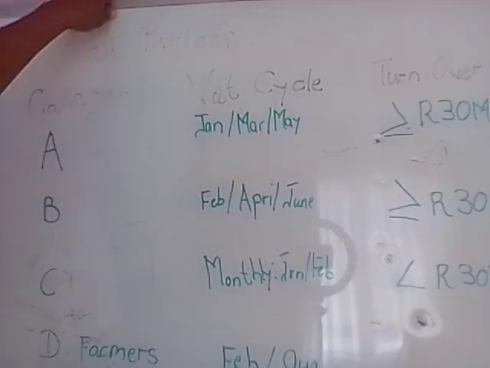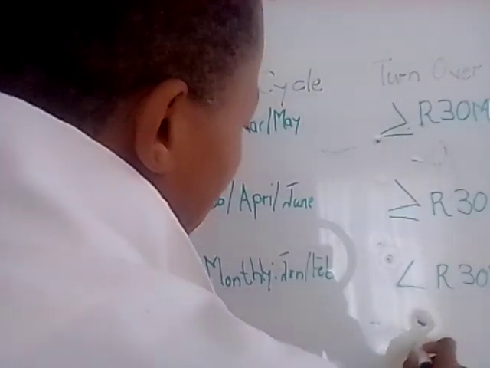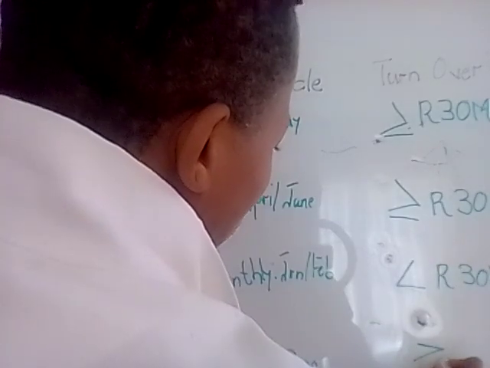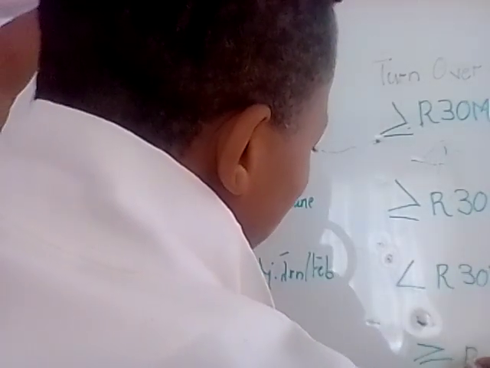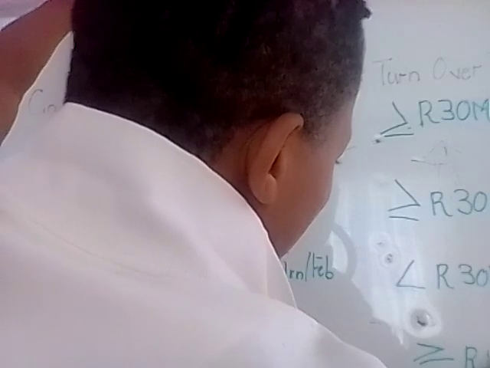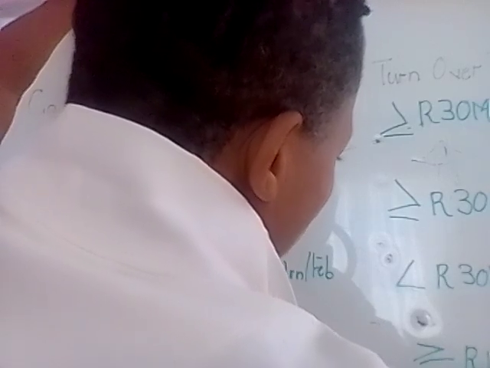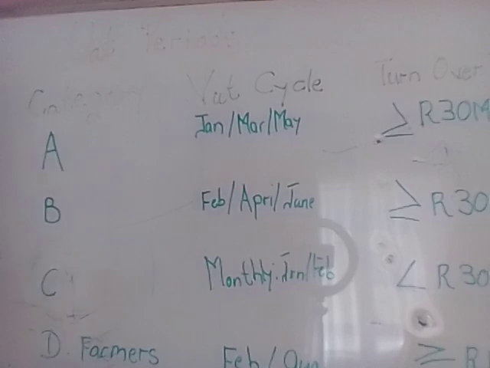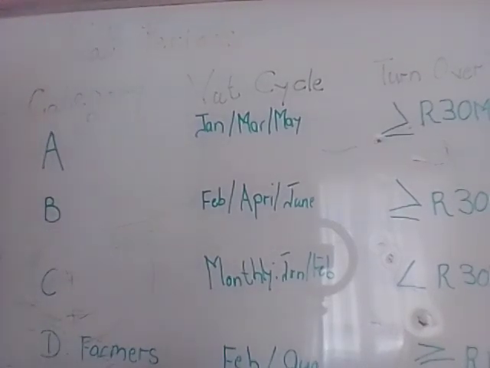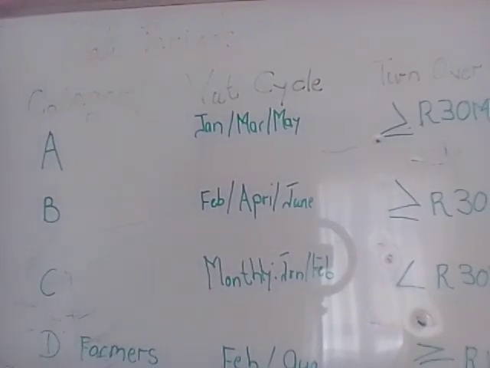Okay, and they must be making a turnover less than or equal to 1.5 million rands. So if they fall within this category and they happen to be farmers, then they must definitely be registered within that category D VAT vendor.